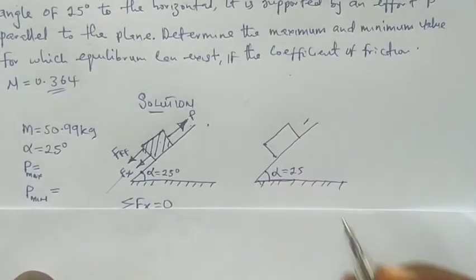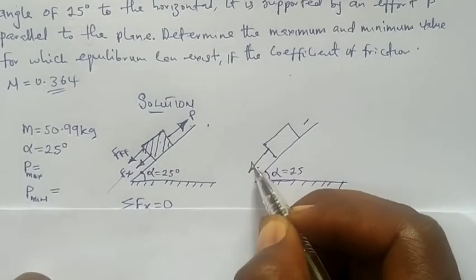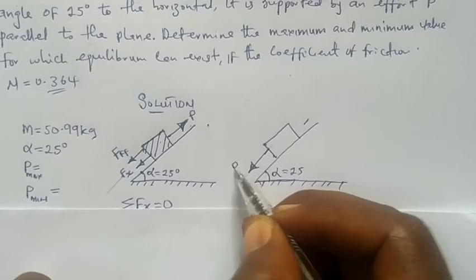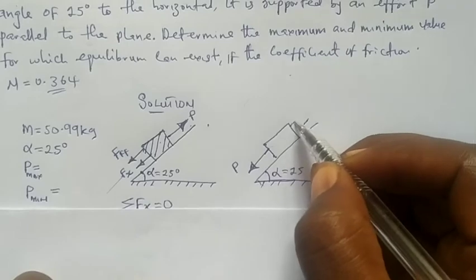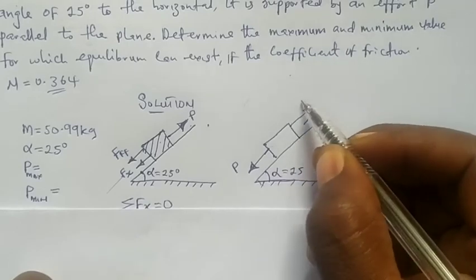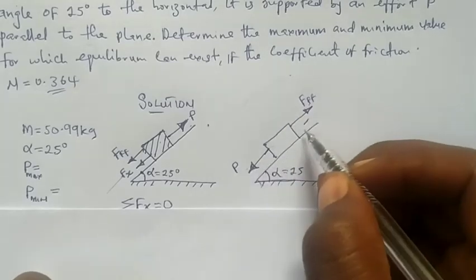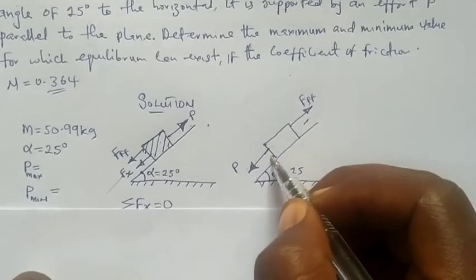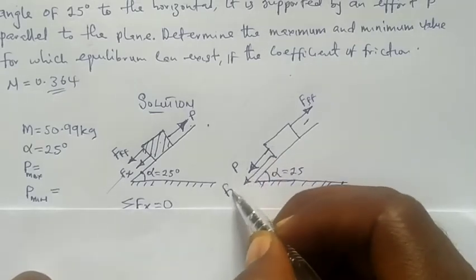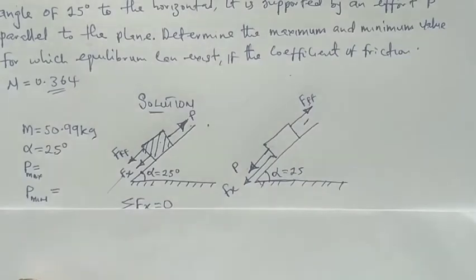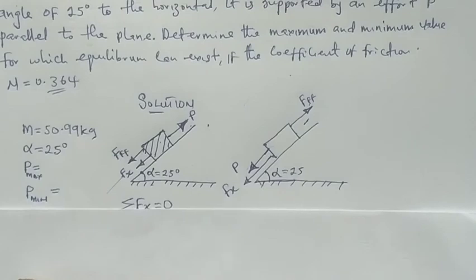The minimum value of P is with the force that is trying to bring the object down. Since the force is acting downward, friction will tell it you go nowhere. That is the frictional force up here. Frictional force is always opposing motion, and our normal gravity force Fx will always be there. It's always constant at that position.